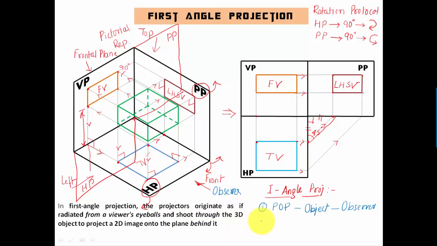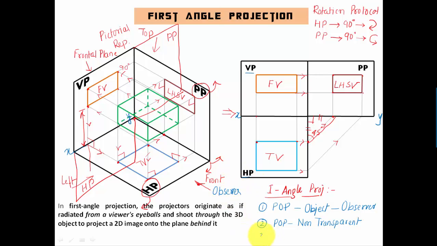Secondly, this plane of projection is non-transparent. When you speak of this line, this intersection line, this is usually referred to as a reference line. We call this the XY line. So we have an XY line over here, above which we have the vertical plane, below which we have the horizontal plane.